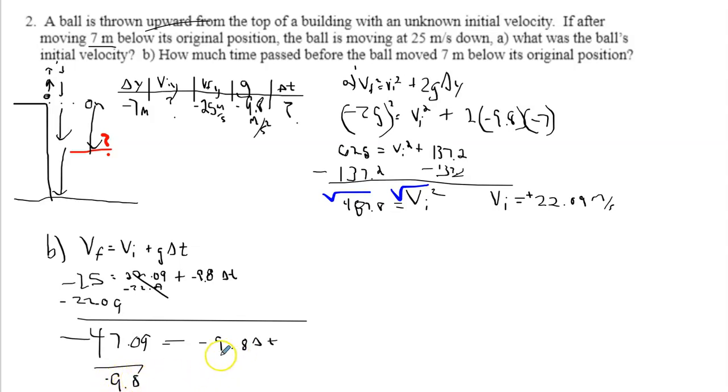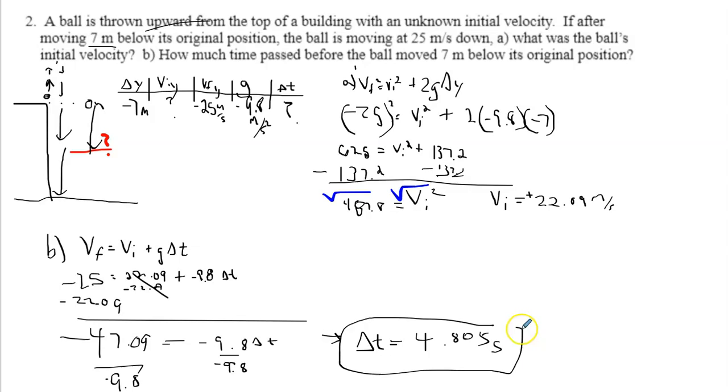So getting that solution worked out and put in the calculator, you will get delta t is equal to 4.805 seconds. So there we go. That's the answer to question 2, part A and B.